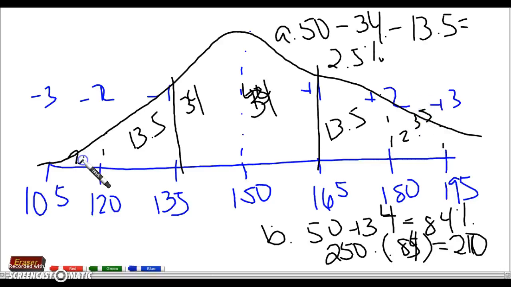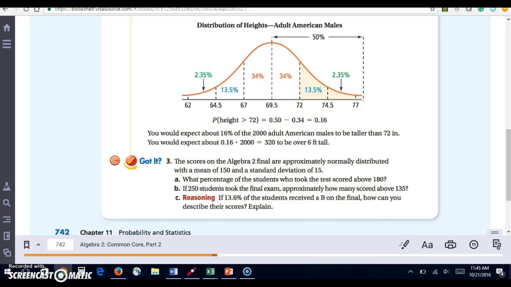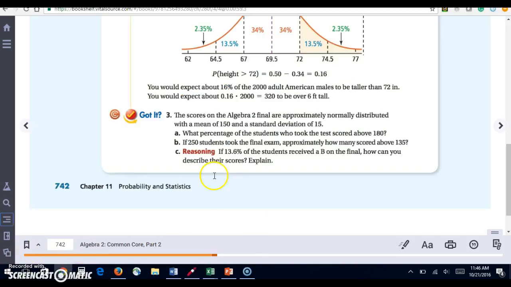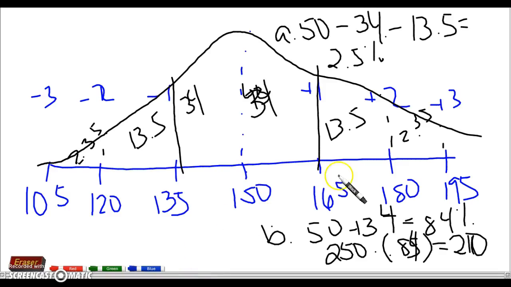Okay. So, go back to the question. If 13.6% of the students receive a B on the final, how would you describe their scores? Explain. So here again, we will have to assume that this is the higher side of the grade. Well, of course it's the higher side. So let's say that this is an A. I don't know what an A is for this score.